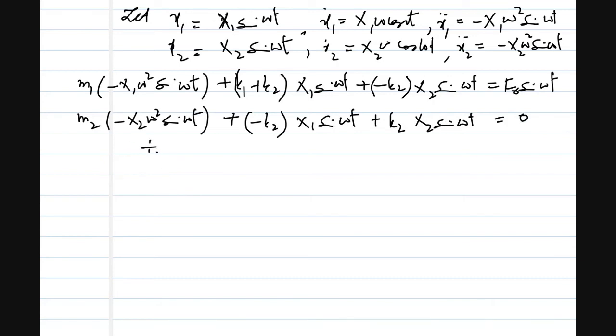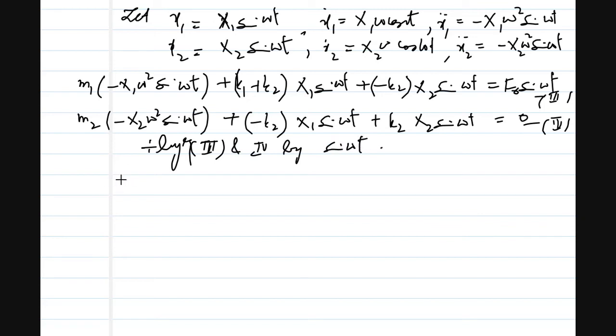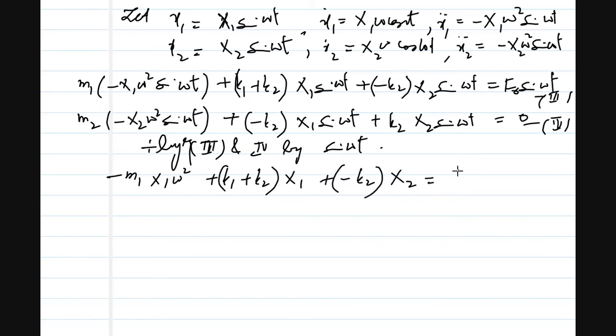Let's call them equation 3 and equation 4. Dividing equations 3 and 4 by sine omega t, what you get is minus M1 X1 omega square plus (K1 plus K2) times X1 plus minus K2 times X2 equals F naught, because sine omega t also cancels from the right hand side in equation 3.